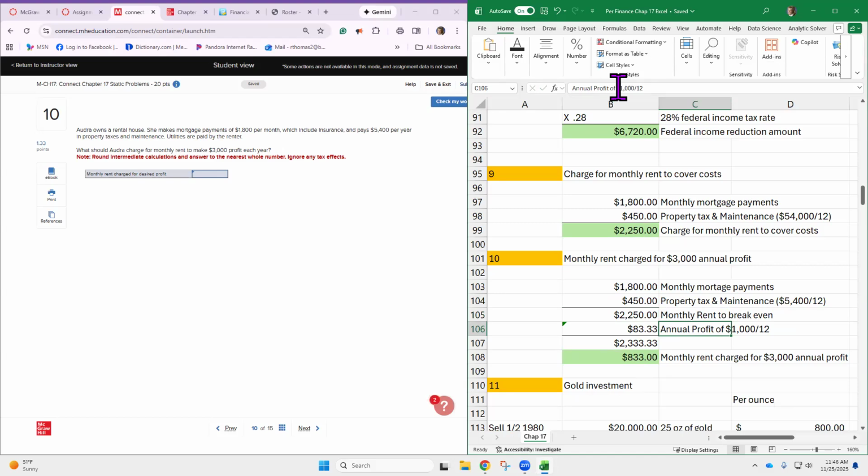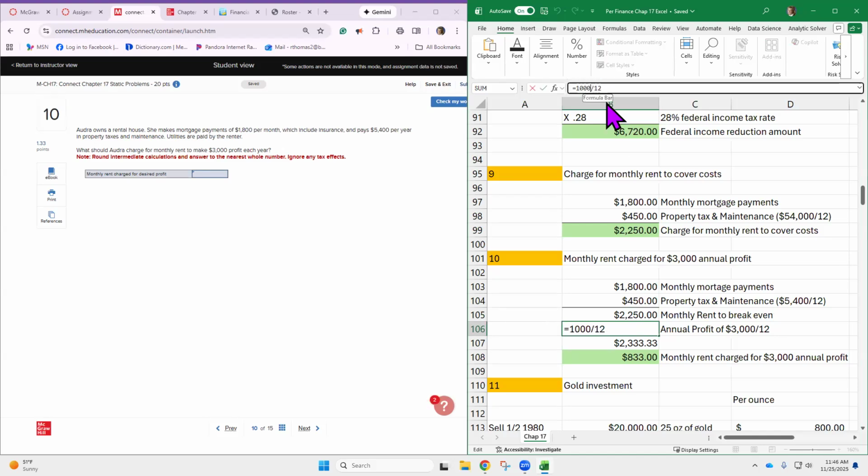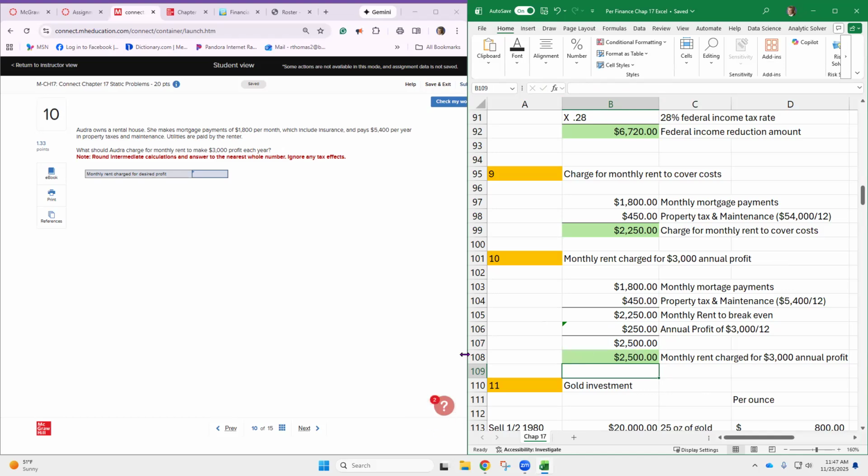If she wants an annual profit of $3,000, then you need to take $3,000 and divide by 12. If you take $3,000 and divide by 12, you get $250. So she would want to add the $250 to it, so then it would be $2,500 that she would want to charge for monthly rent in order to make a $3,000 annual profit, right?